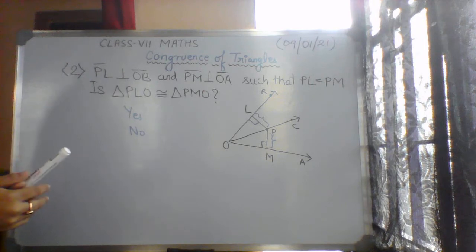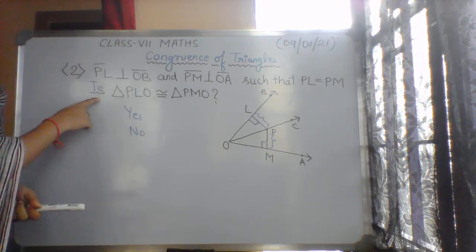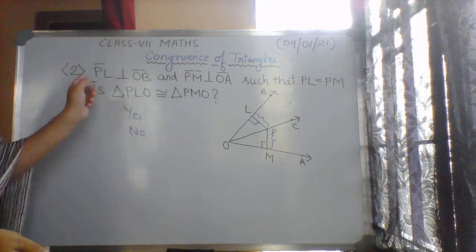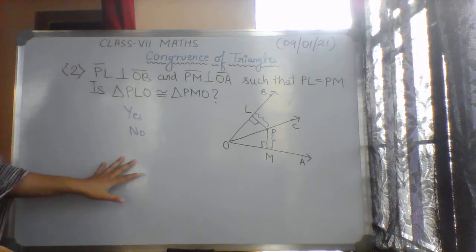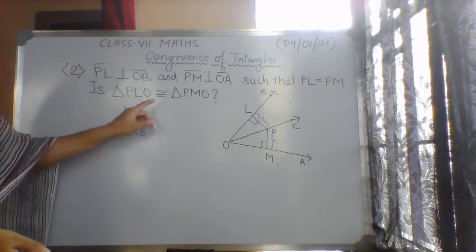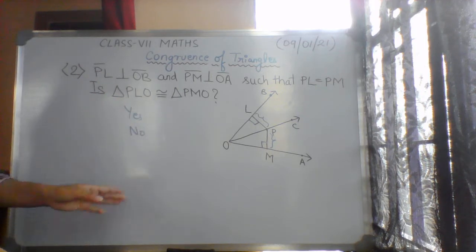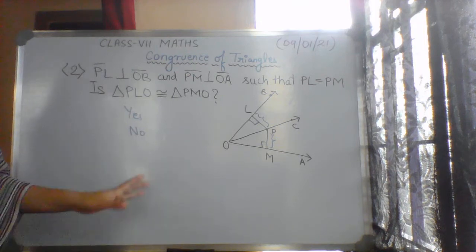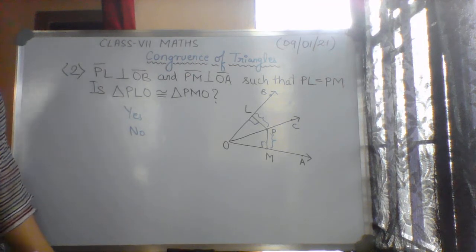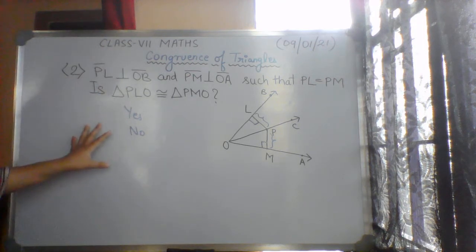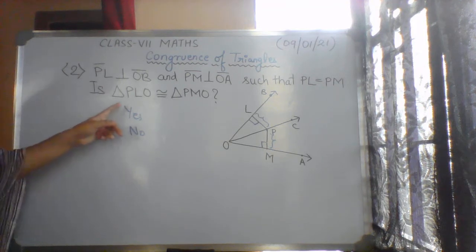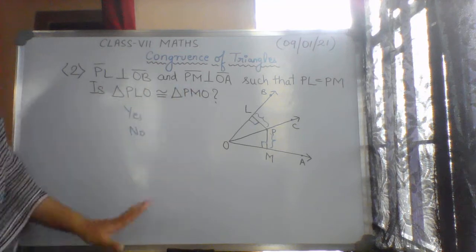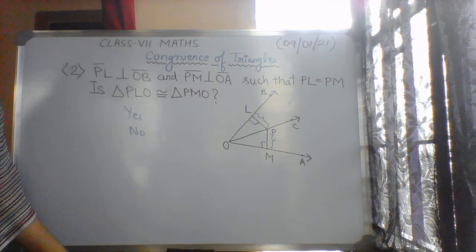Although the question is not asking you to show, you have to show how it is congruent if it is congruent, and why not if it is not. So why or why not will always be there in this type of question. It is not only about yes or no. You have to show that.